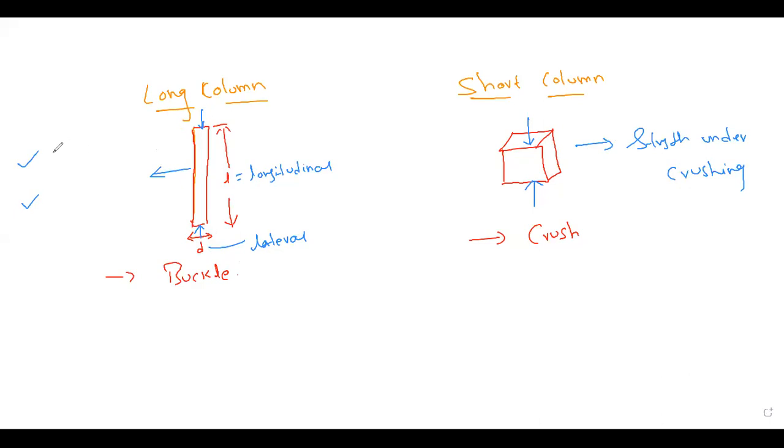One is axial load, the other one is buckling. As the member is long, this member should resist axial load. In the same way, it has to resist even the buckling load also.